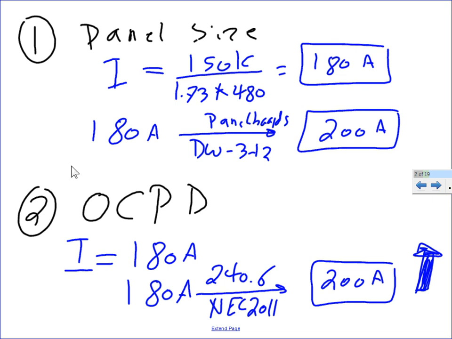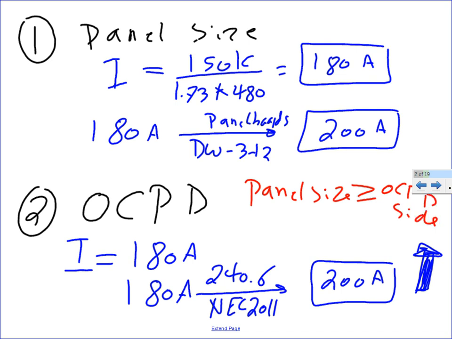So I want to write this one, guys: panel size must be more than or equal to overcurrent protection device size.